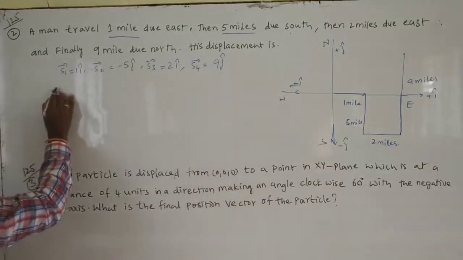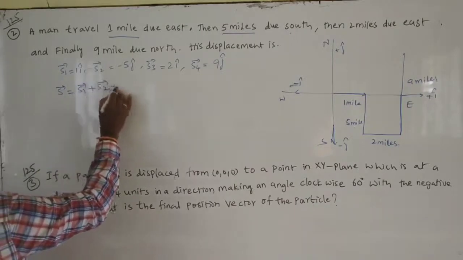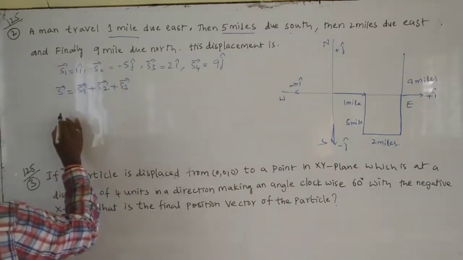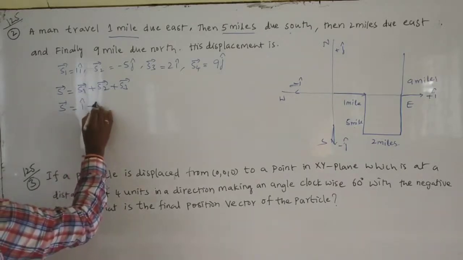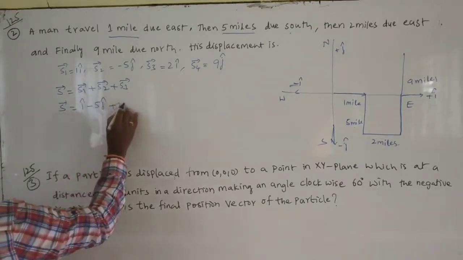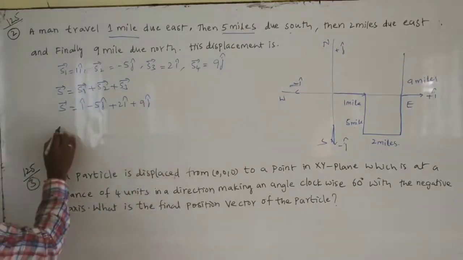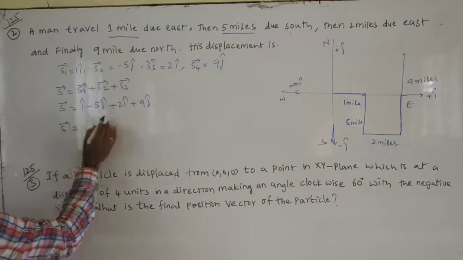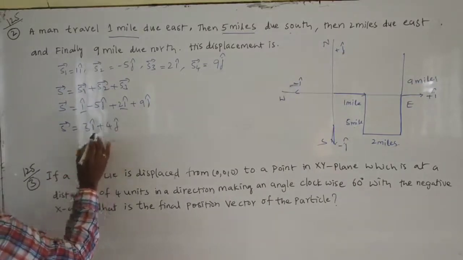So what is his displacement? S bar equals S1 bar plus S2 bar plus S3 bar plus S4 bar. So S bar equals i cap minus 5 j cap plus 2 i cap plus 9 j cap, and S bar equals 3 i cap plus 4 j cap.